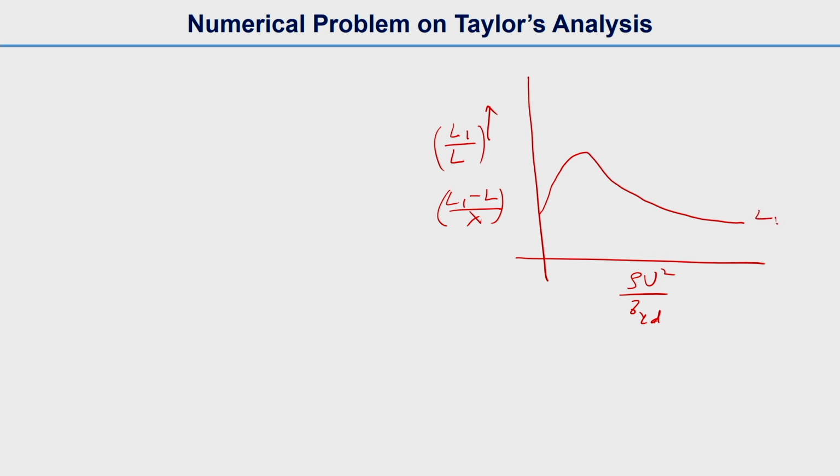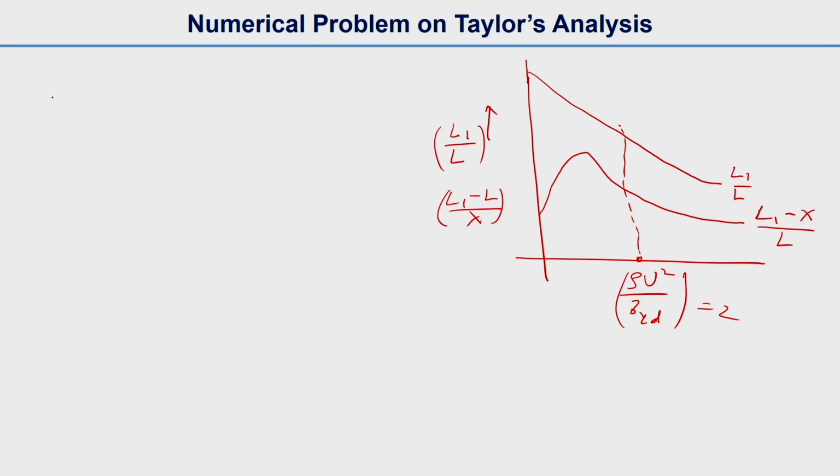So this curve is L1 minus x divided by L, and L1 by L will look something like this. If you see that figure from the book, if the value of this term is equal to 2, you can find the values of this and this.